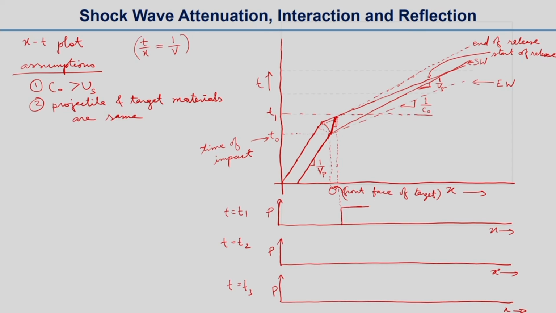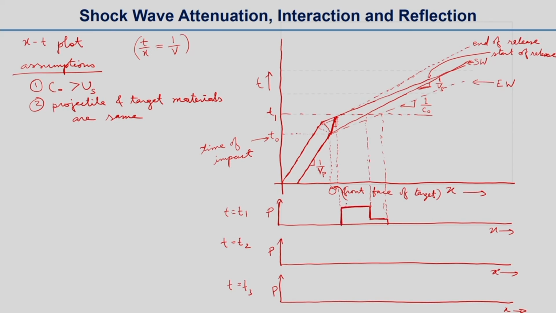The shock front will be in this position at time t1, and then the elastic wave front, which is traveling faster in this case, is like this. So, this will look something like this.